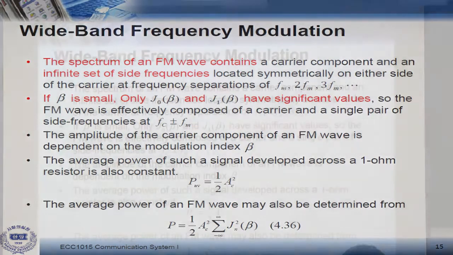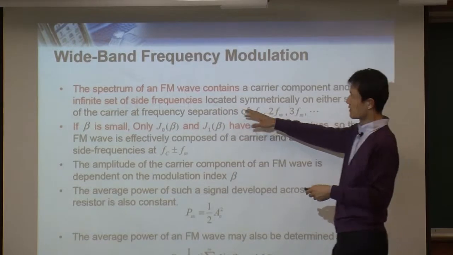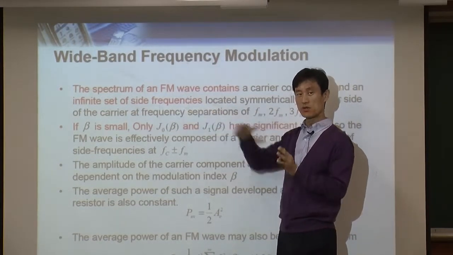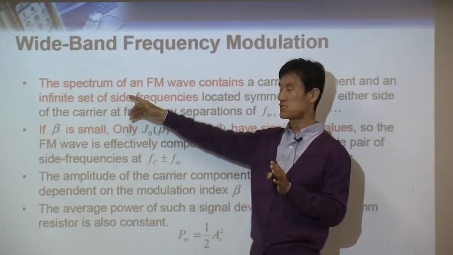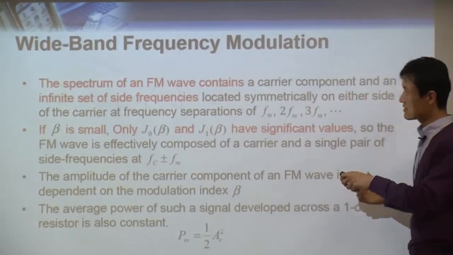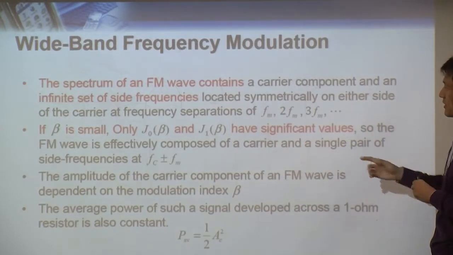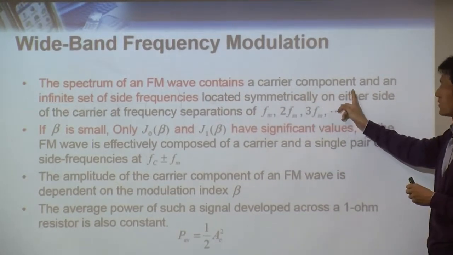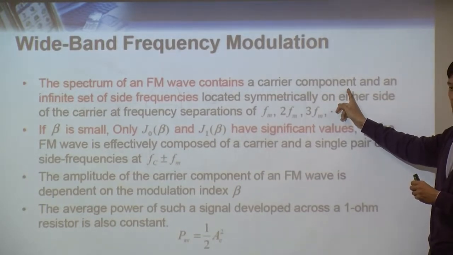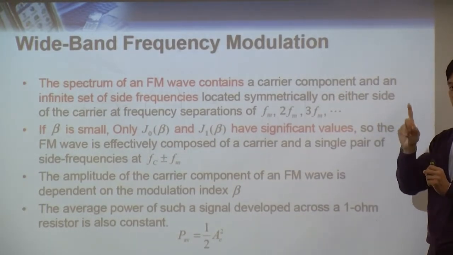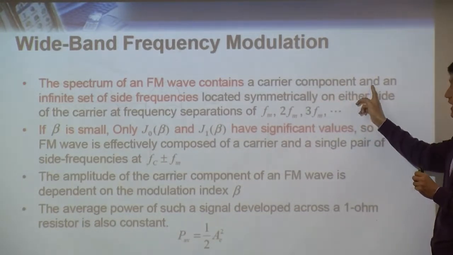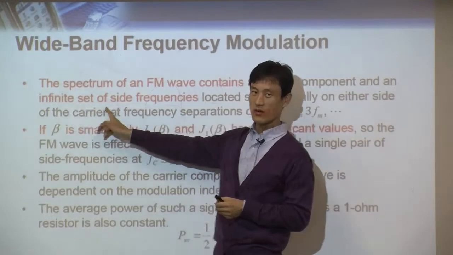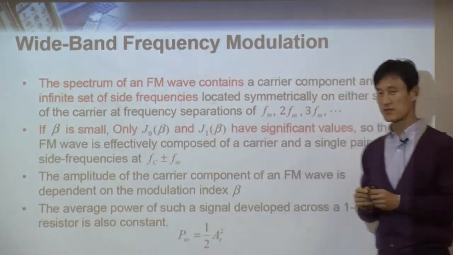But what we can see from that equation is that the spectrum of the FM wave, FM signal, when you look at the frequency domain, spectrum means frequency domain, right? When you look at this FM signal in frequency domain, that signal contains a carrier component. What is a carrier component? Like fc, the frequency fc component. A carrier component and also an infinite set of side frequencies.